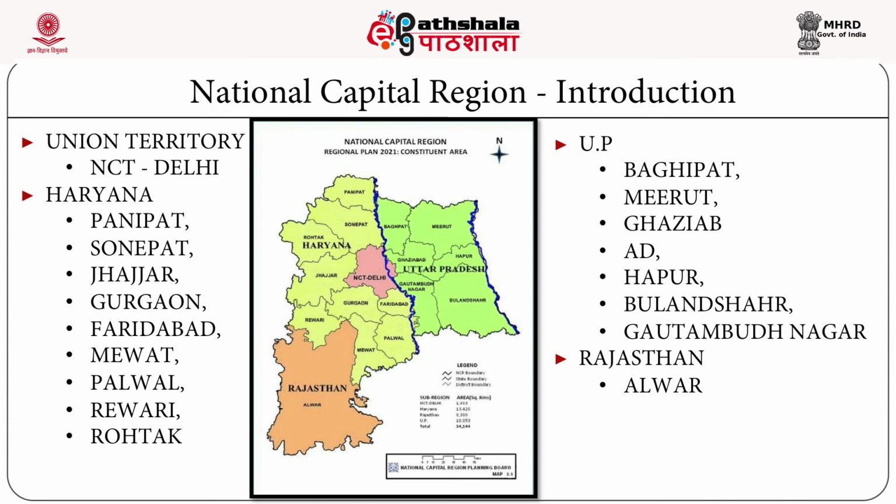We have districts like Panipat, Sonipat, Jhajjar, Gurgaon or Gurugram, Faridabad, Mewat, Palwal, Rewari, Rohtak as part of Haryana, and Bagpat, Meerut, Ghaziabad, Hapur, Bulandshahr and Gautam Budh Nagar as part of Uttar Pradesh, and Alwar as part of Rajasthan.